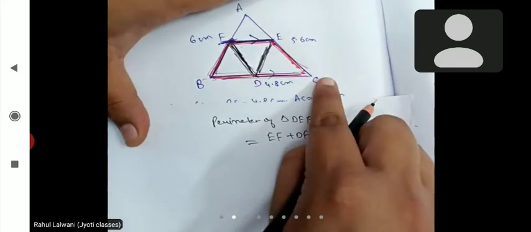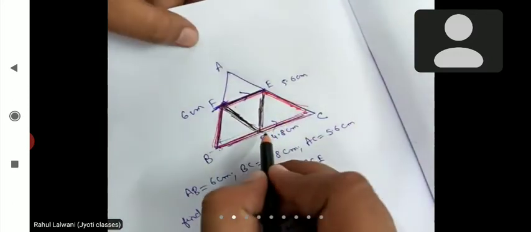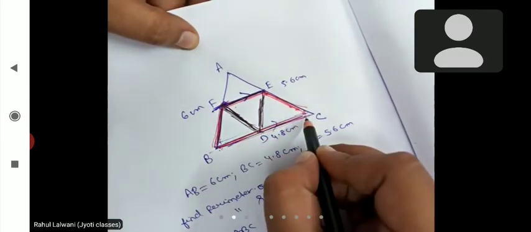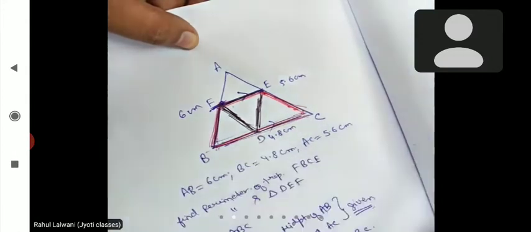Now EF is half of BC. Now look at this triangle. If you look at the triangle in this way, D is the midpoint of BC.